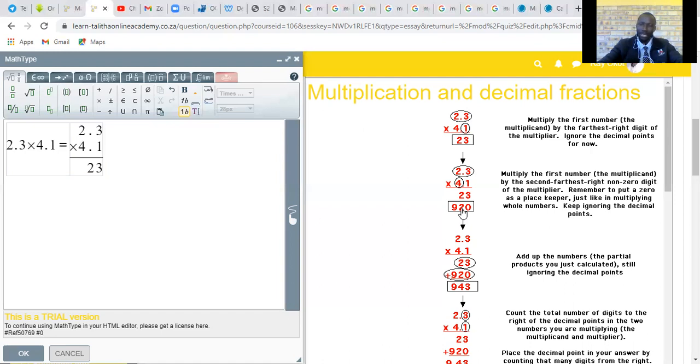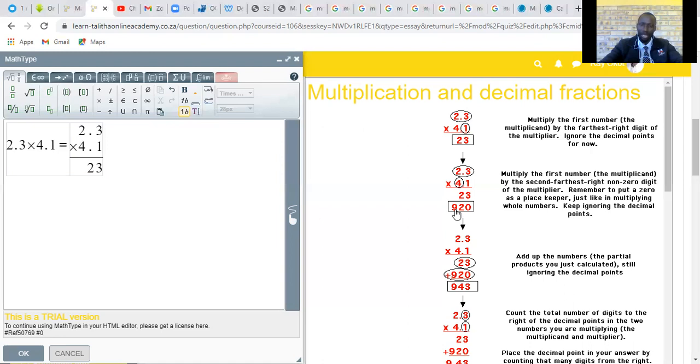Then we carry forward 1, okay? So when we multiply 4 by 3, we get 12, and so we write 2. Then we carry forward the number 1. We add it to what we get when we multiply 4 by 2. Now, when we multiply 4 by 2, we get 8. When we add 1 to 8, what we get is 9, okay?